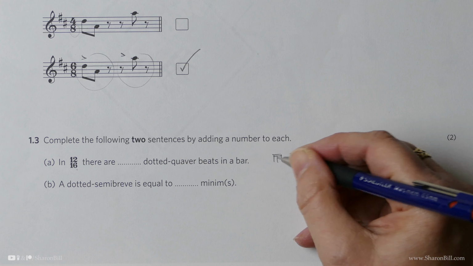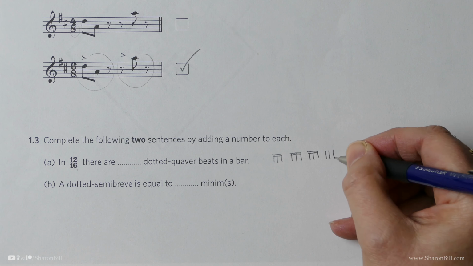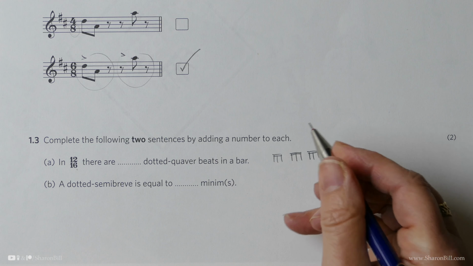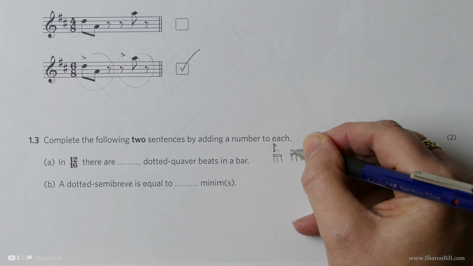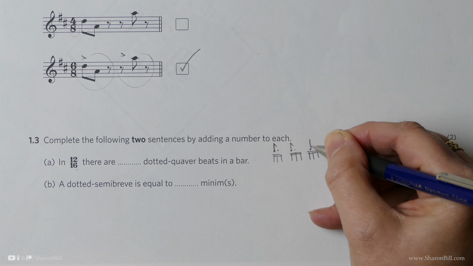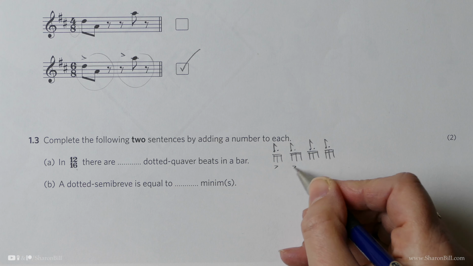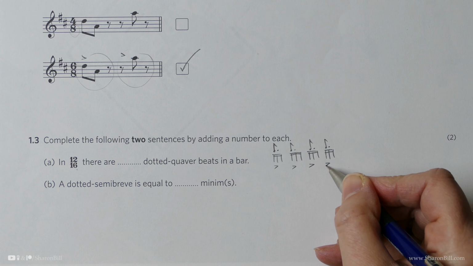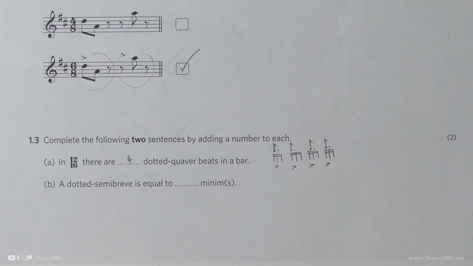It's compound time, so we group in 3s. 7, 8, 9, 10, 11, 12. And we can see that that gives us a dotted quaver beat. And we have 1, 2, 3, 4. It's quadruple time, 4 dotted quavers per bar.